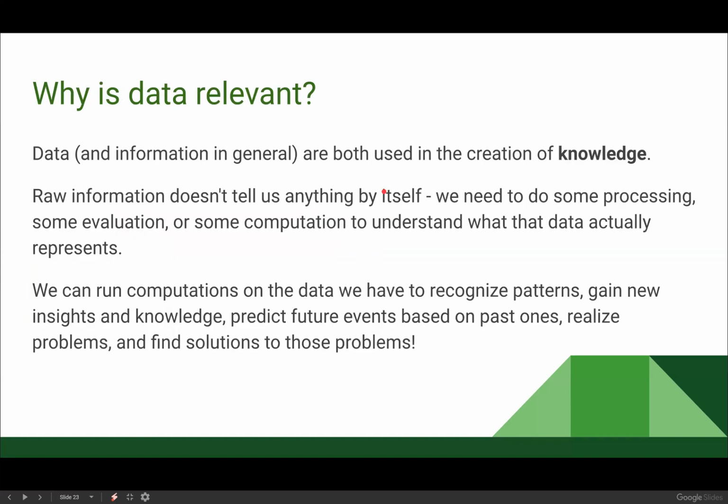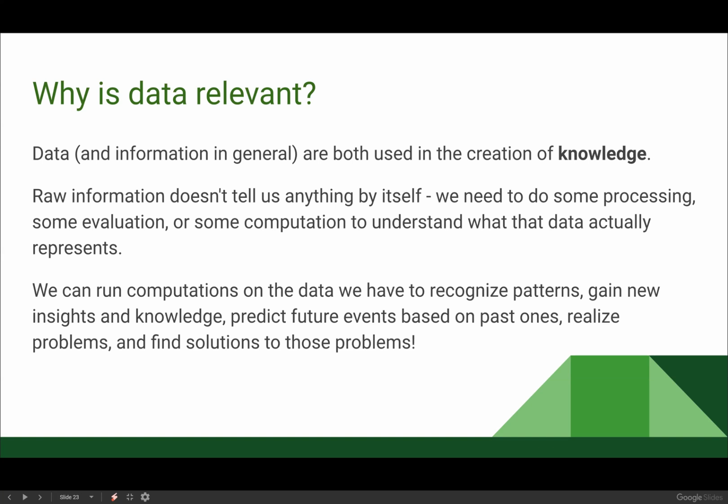Now, why is data relevant? Why do we care about data and digital information? So data and pretty much all information are both used in the creation of knowledge. Raw information does not tell us anything by itself. If we just look at a whole bunch of numbers, they don't mean anything. We need to do some processing, some evaluation, or some computation with this information to understand what it represents.